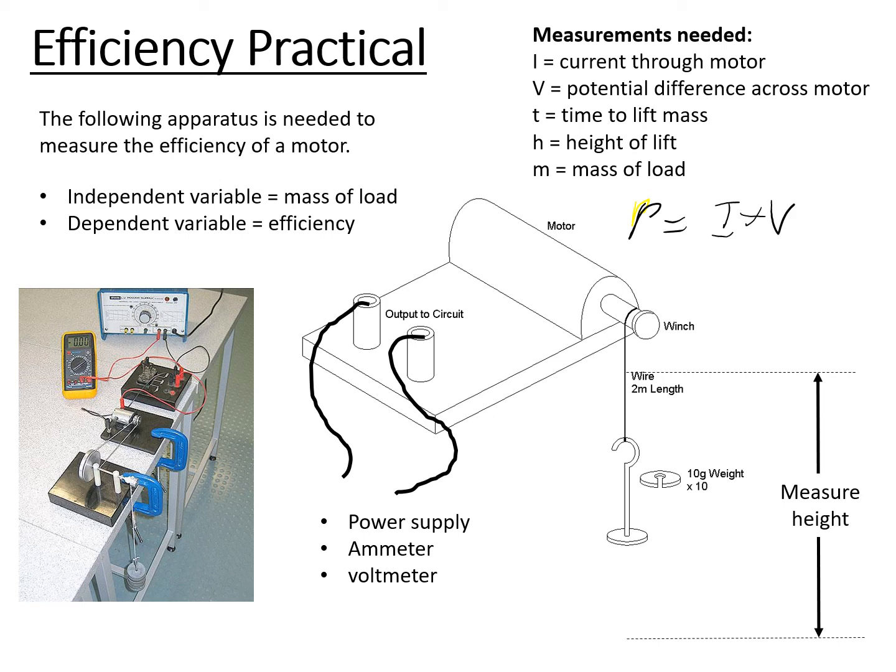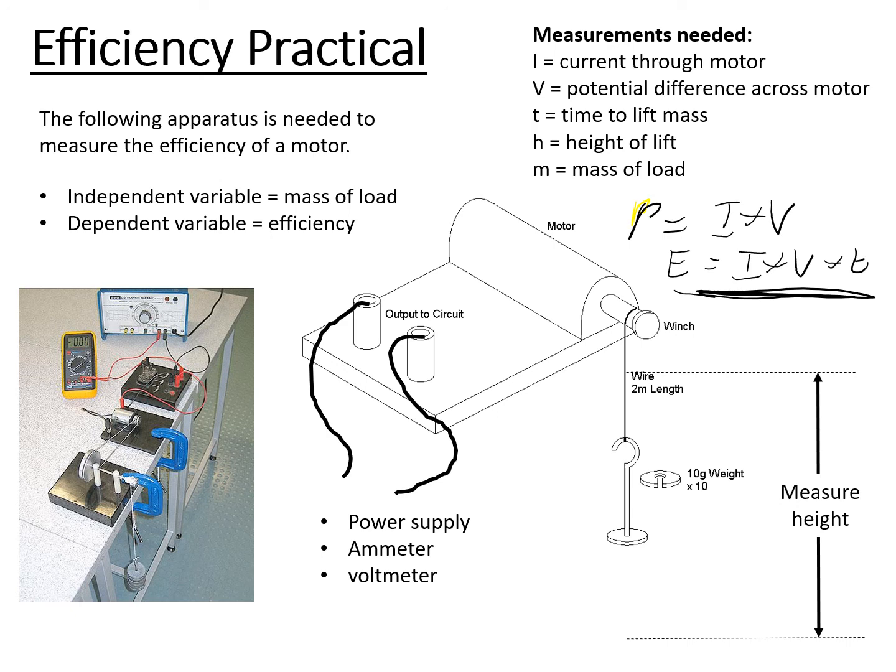That's the power. So the energy, therefore, is power, which is I times V times time. We would need to multiply the current by the voltage by the time. That tells us the electrical input energy. Okay, so current times voltage times time.